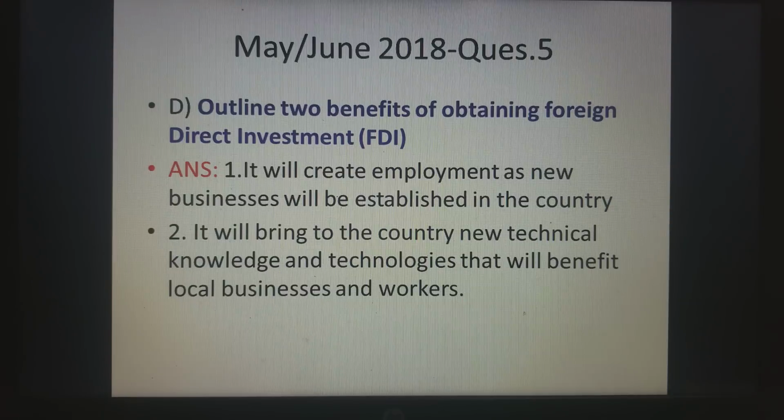And so when they come into the local country, yes, they now are going to be bringing in those technologies, and so the country and people who work within that industry or that business will benefit from the knowledge of the new technologies that are brought in.